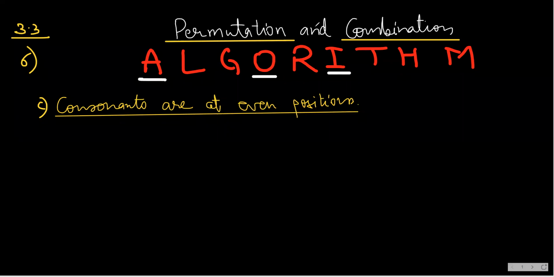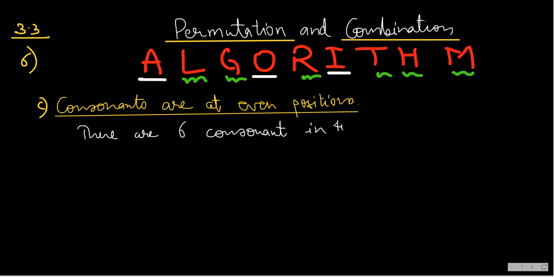There are 3 vowels in this, and there are 6 consonants we have. So I will write here, there are 6 consonants in the given word, along with 3 vowels.